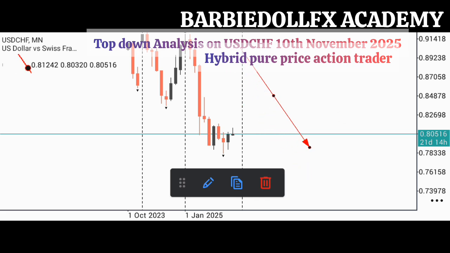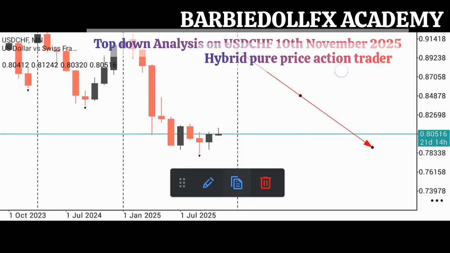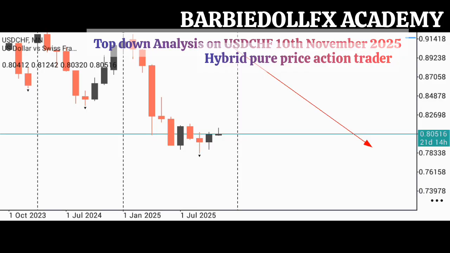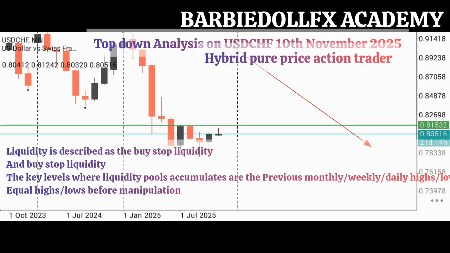What I always do is use the previous candle, the candle that closes before the moving candle, because the liquidities I focus on are the external liquidities: the previous monthly high and low, the previous weekly high and low, the previous daily high and low, and sometimes the swing highs and swing lows of the 4-hour time frame.